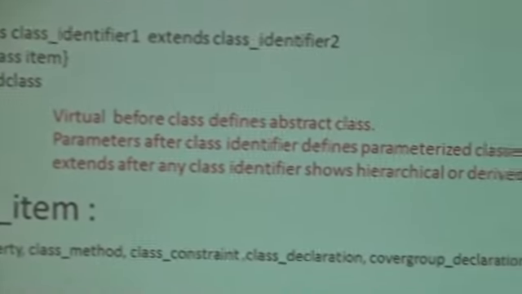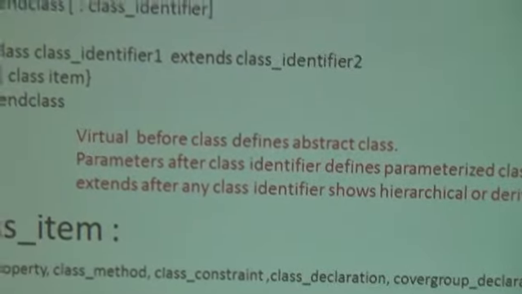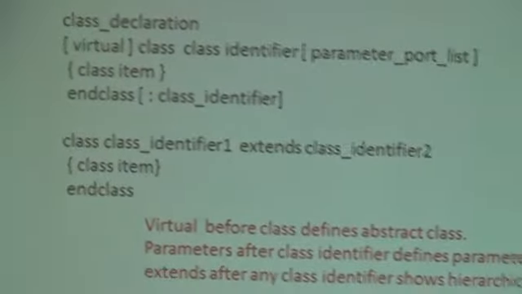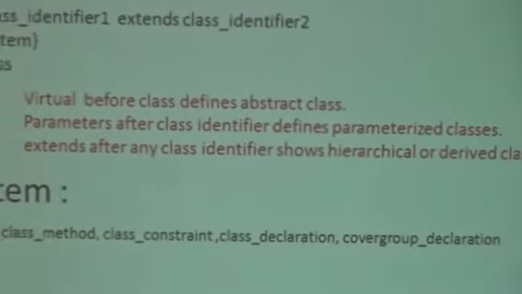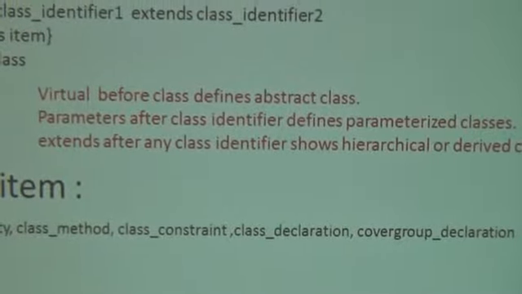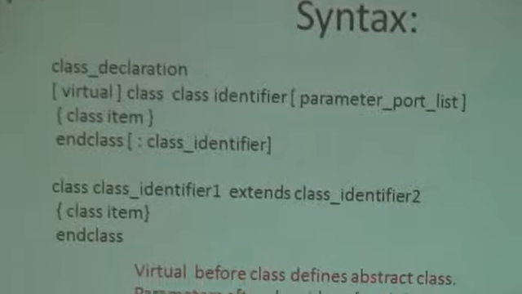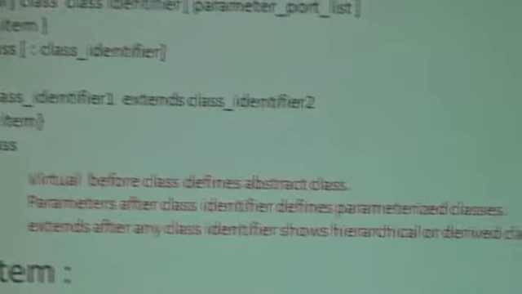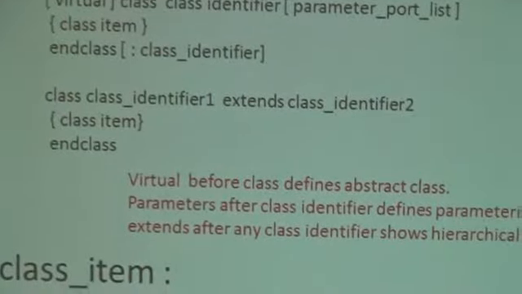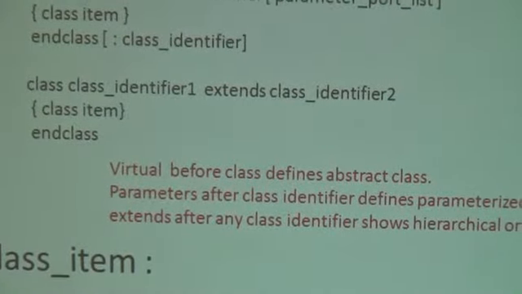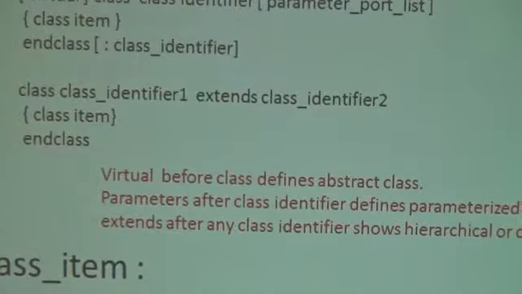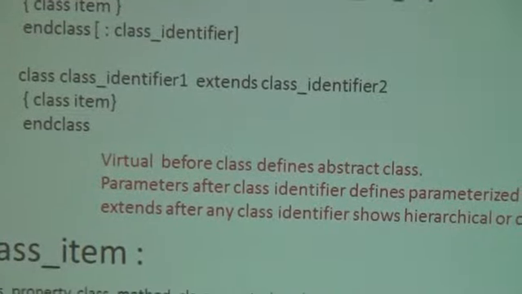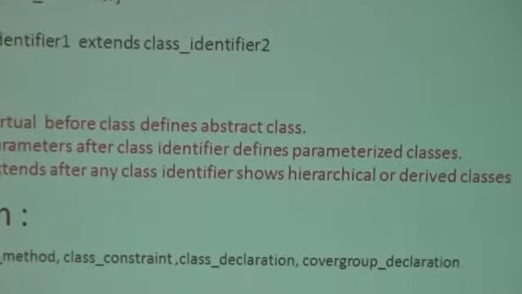As I mentioned before, if there is a virtual before the class, it is called an abstract class, which we will learn in later slides. If a class has parameters, it is called a parameterized class. If a class has extends with two class identifiers at both sides, it represents hierarchical or derived classes.